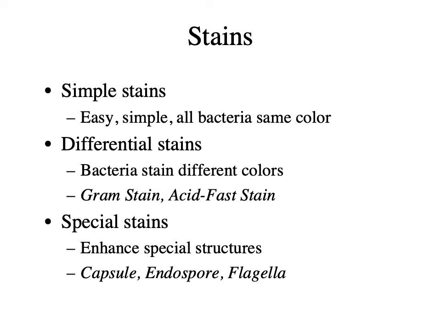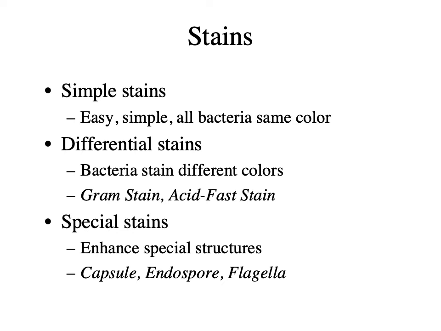And in a differential stain, you will have different chemicals that you use in order to stain different parts of the bacteria or different types of bacteria, different colors. Some examples of a differential stain would be a gram stain. In the gram stain, we're looking to see if it's gram negative or gram positive, and we will go into this stain a lot.